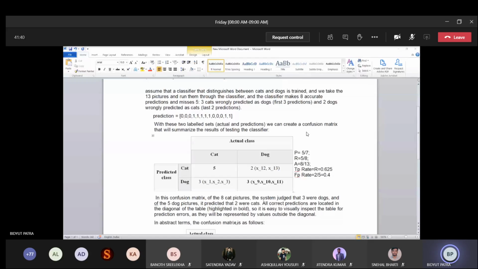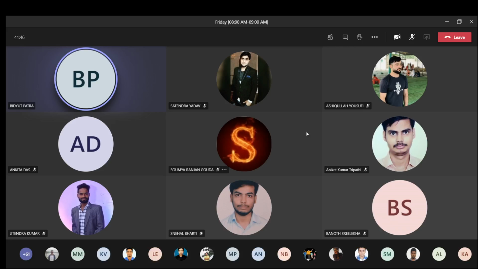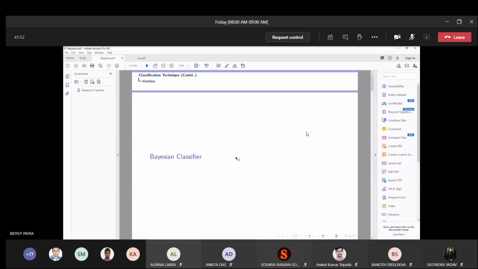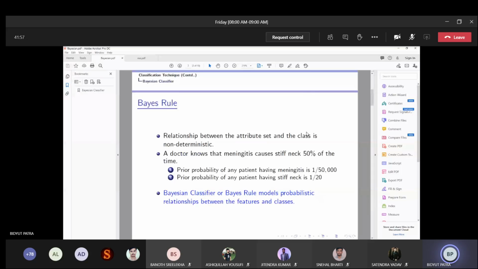So in the next class, we'll be talking about the Bayesian classifier. From the data set we can find, and mostly in NLP they find, the probabilistic relationship between word and word.